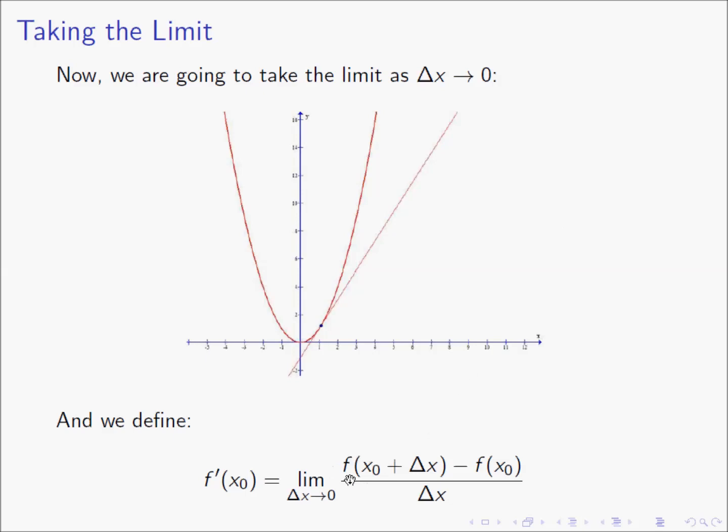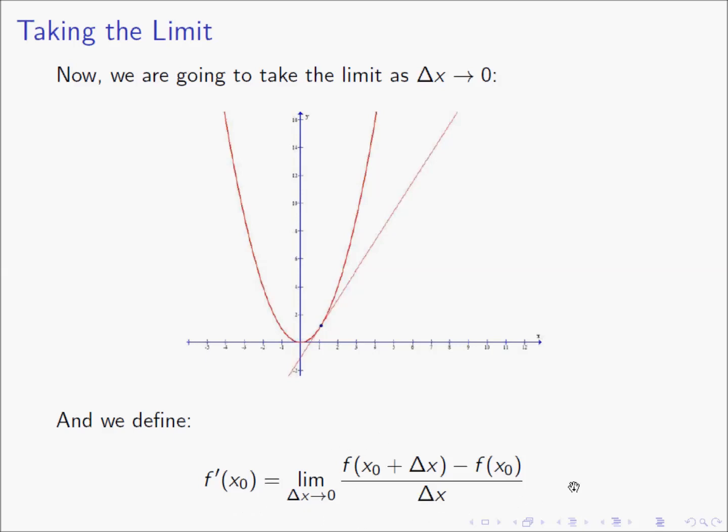So this quotient without the limit sign is the slope of the secant line. When we take the limit, what we get is the slope of this tangent line. And that's how we define the derivative. We define the derivative of this function at this point x0, and we write it like this, and this is read f prime of x0, as this limit.